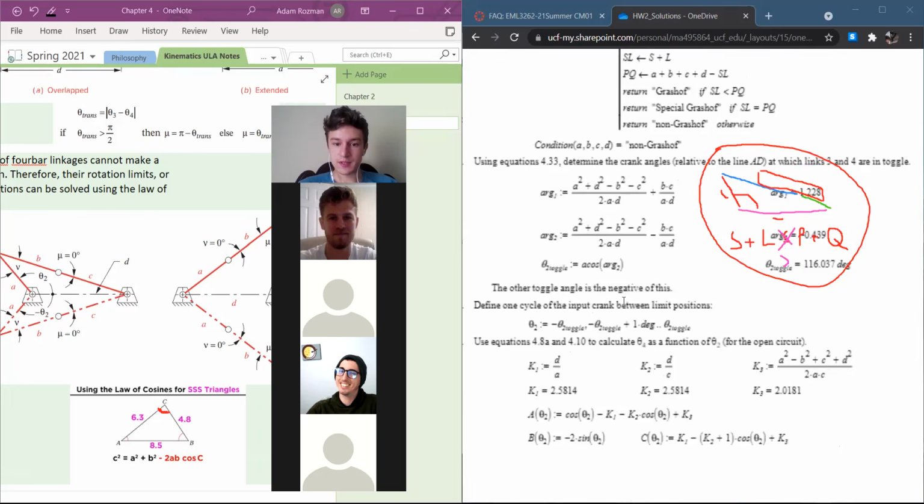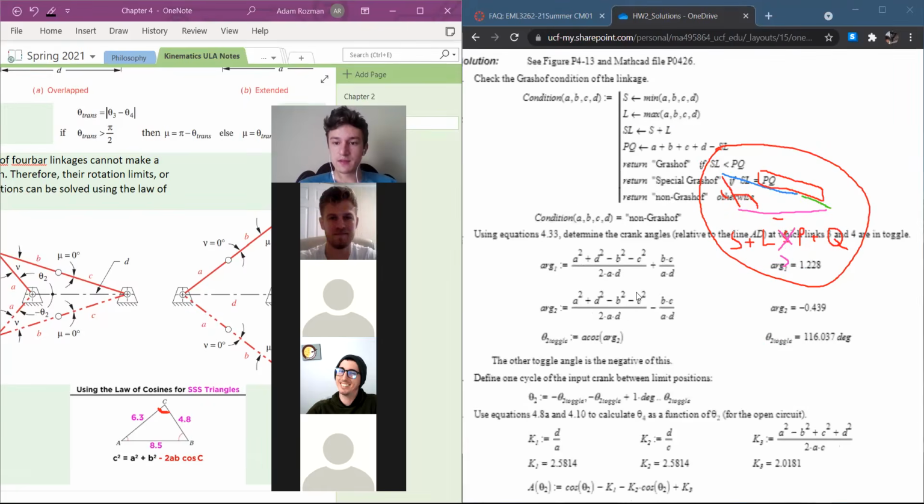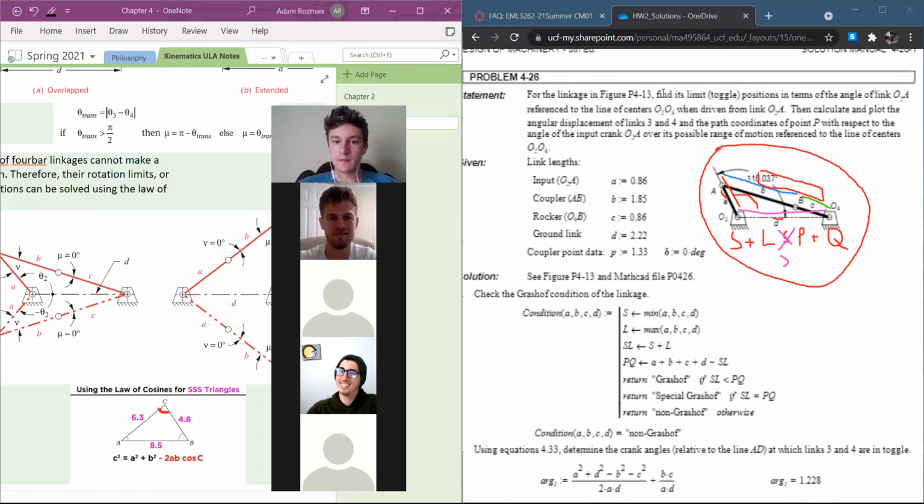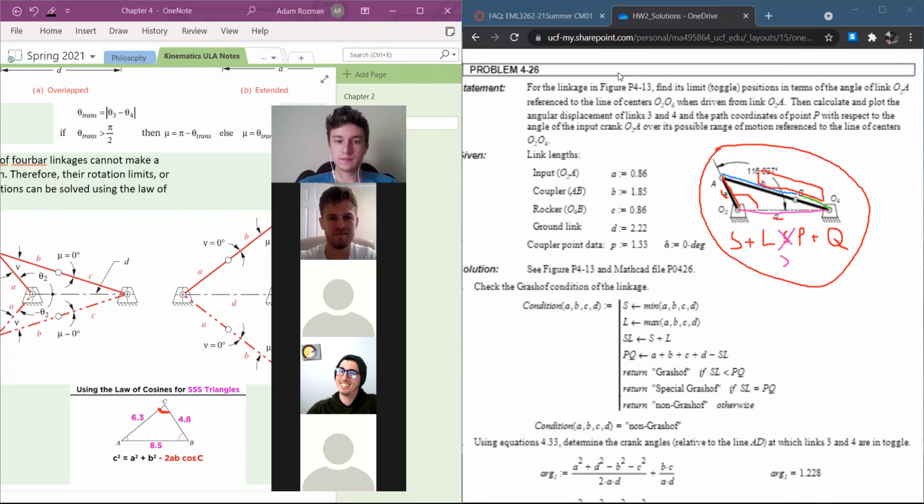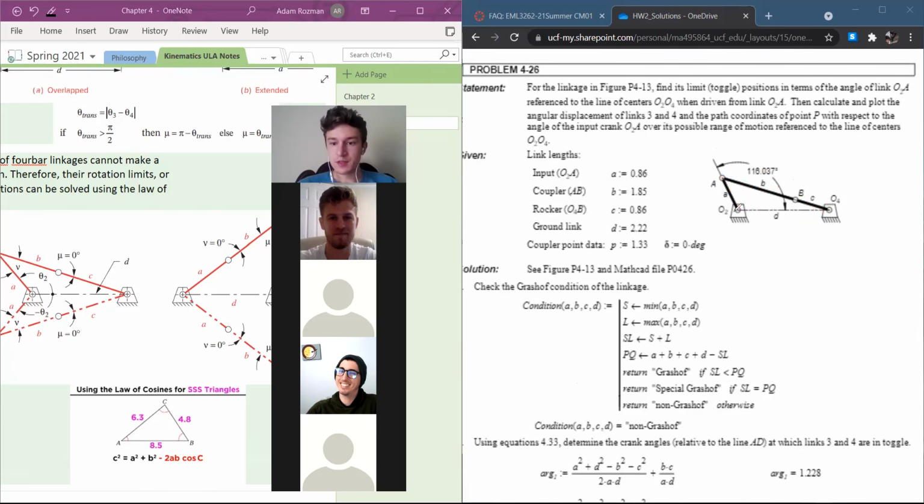So it says the other toggle angle is the negative of this. Honestly, I would usually just draw this out again. If you think symmetrically, with the same length, it's going to end up being symmetrical.